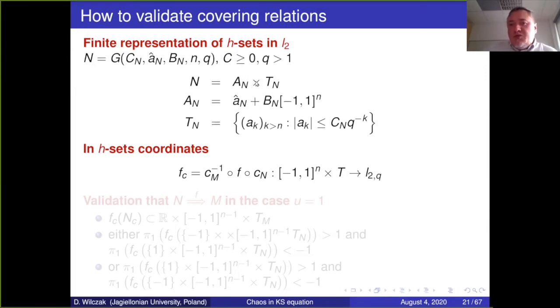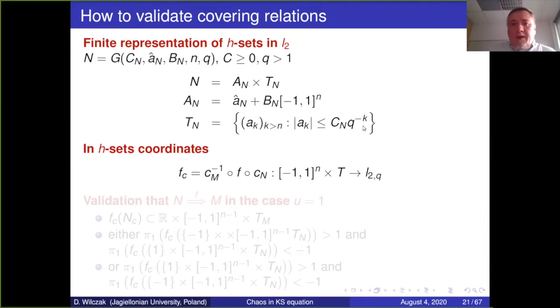And my set is just a parallelepiped on the main coordinates. This is described by the first two lines, and a uniform bound for the tail. So one quantity here and one quantity here describe the tail. So this is just a set of geometrically decaying sequences.